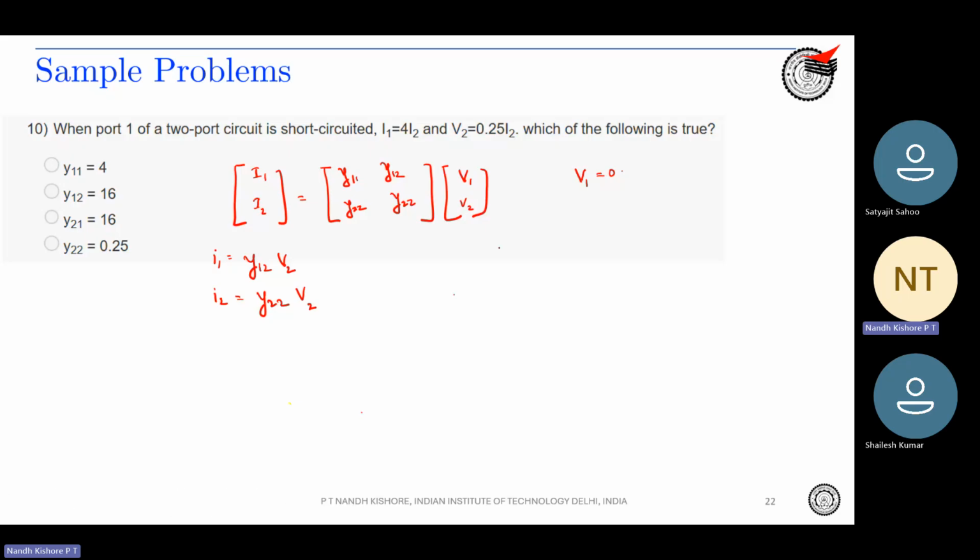Now the point is they have given I1 is equal to 4 I2 and V2 is equal to 0.25 I2. So you can kind of relate these two expressions.